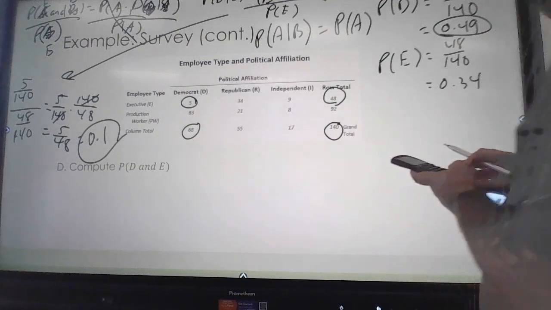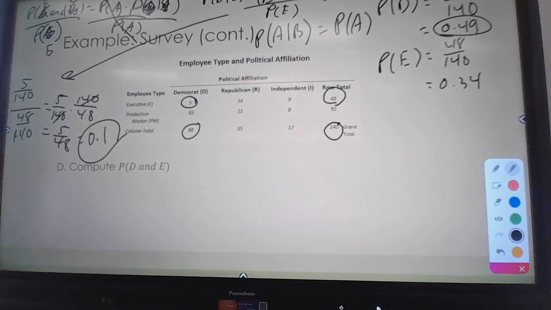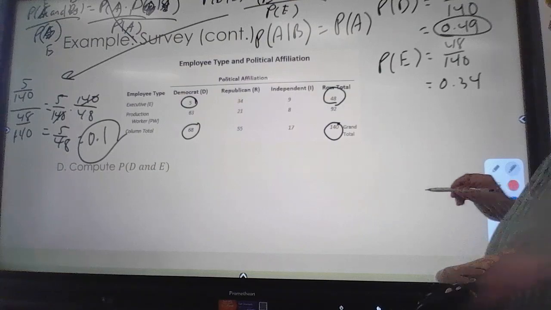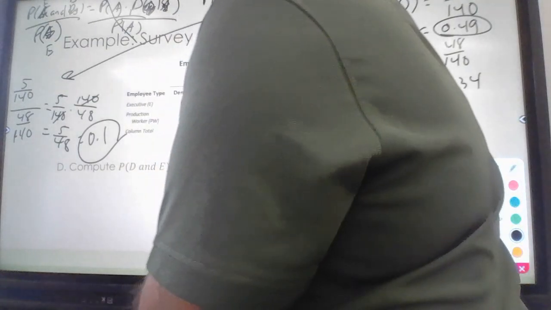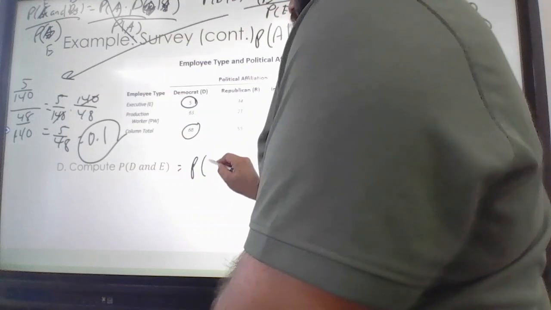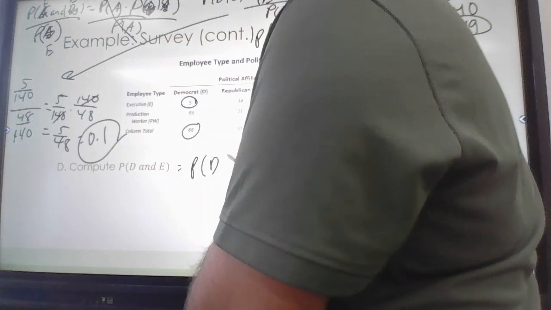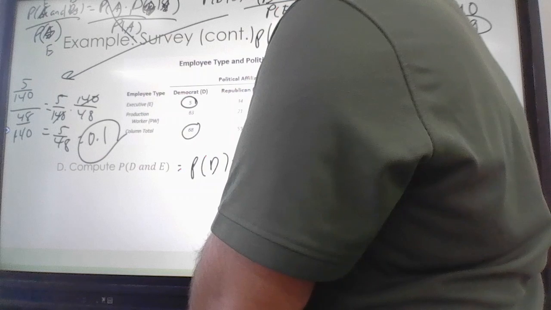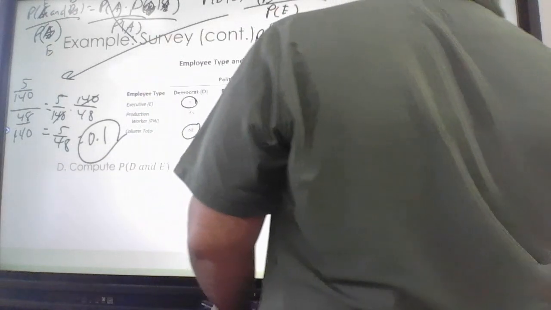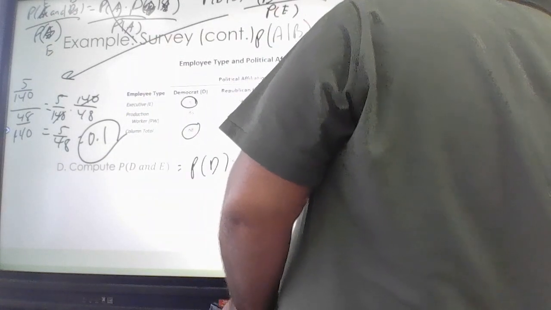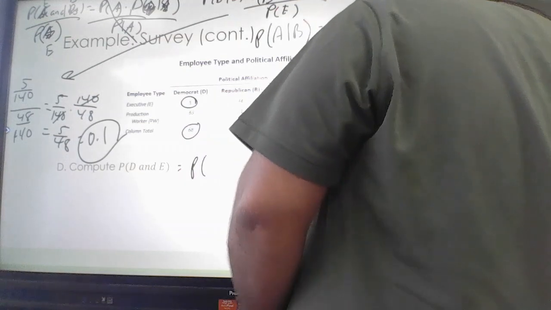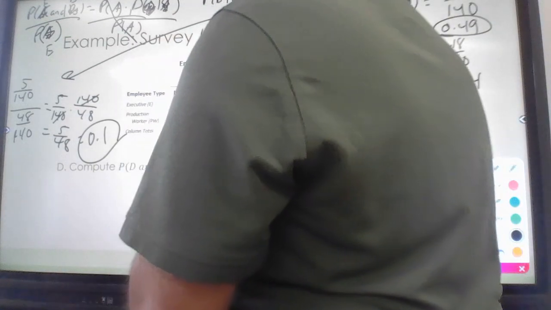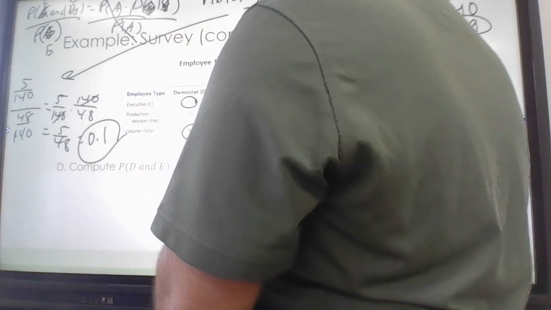Or if I do the fraction, 68 over 140 times... actually, hold on. I'm not using the specific rule, I'm using the general rule. Probability of E times the probability of D given E.